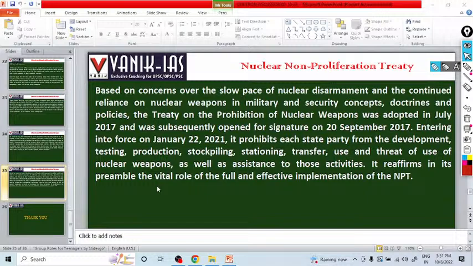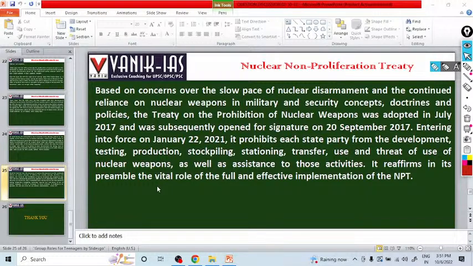Entering into force in January 2021, it prohibits each state party from development, testing, production, stockpiling, stationing, transfer, use and threat of use of nuclear weapons, as well as assistance to those activities. It reaffirms in its preamble the vital role of the full and effective implementation of the NPT.